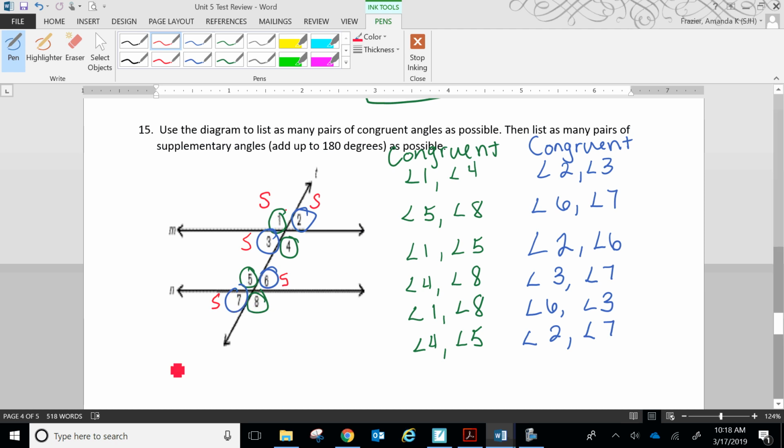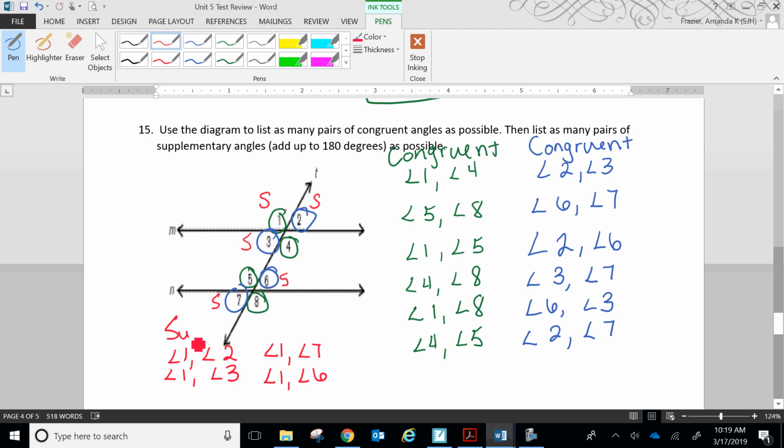So let me just write down some of those. Angle 1 and angle 2 are supplementary. Angle 1 and angle 3 are supplementary. Angle 1 and angle 7 are supplementary. Angle 1 and angle 6 are supplementary. And I could keep going, but I think we see the idea.